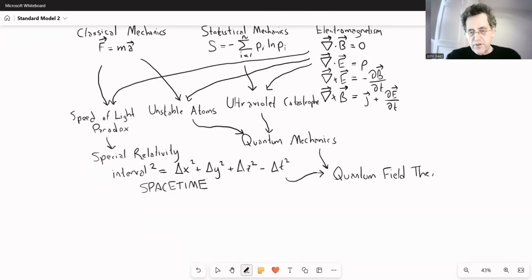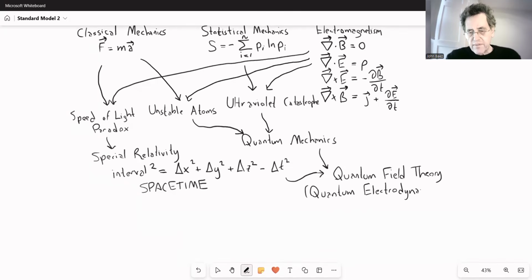Now, the first quantum field theory to be studied was called quantum electrodynamics. Quantum field theory is really just a general framework for building physical theories, just as classical mechanics is a general framework. But you have to give it some specific content to describe a specific situation.